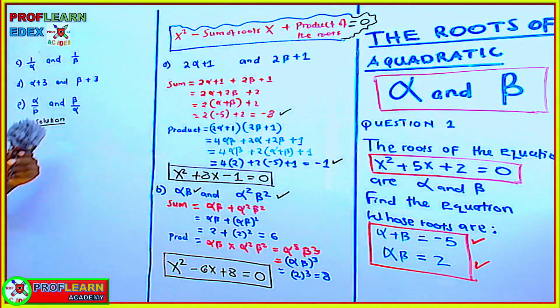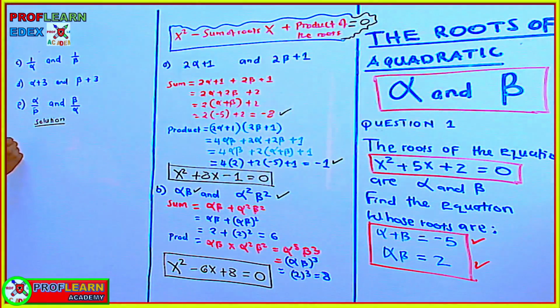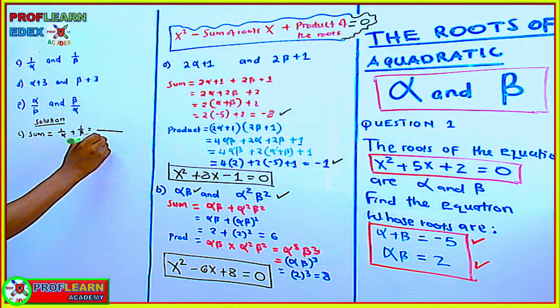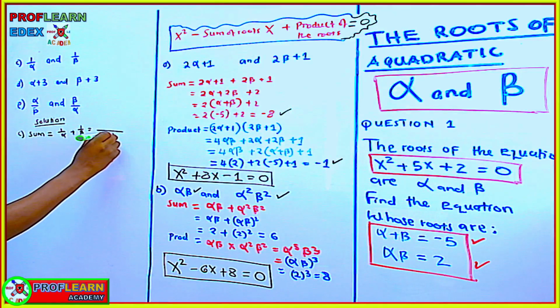All right, so the first thing we need to identify is that for C, we need the sum. The sum of the roots in this case is 1 over alpha plus 1 over beta. If you find the LCM here, the LCM is alpha beta.